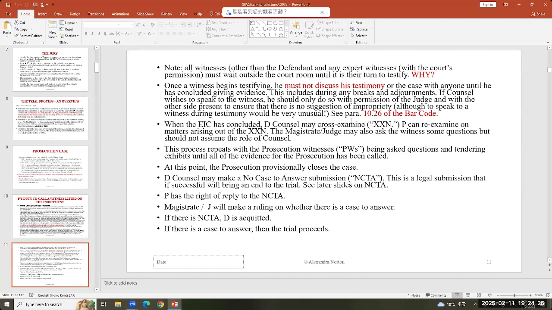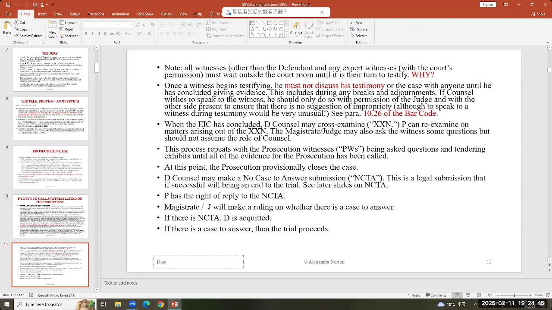And then it's possible that expert witnesses, but only with the permission of the court, may be allowed to sit in and listen to the testimony of the witnesses. The reason expert witnesses are given this special privilege is because in practice, they've usually produced an expert report.